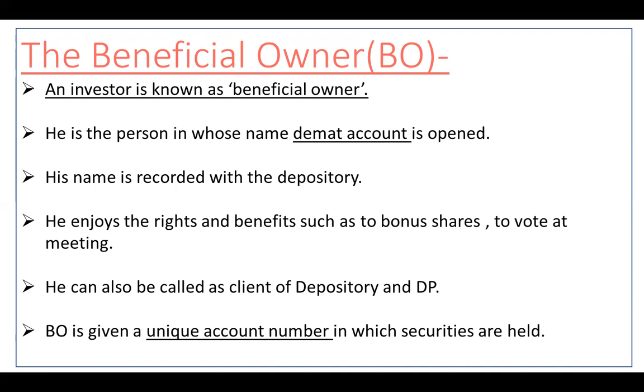Whenever we open a bank account, we have some rights and benefits, same as here. A beneficial owner enjoys the rights and benefits of a shareholder, such as bonus shares, right to vote, right to participate in the meetings.